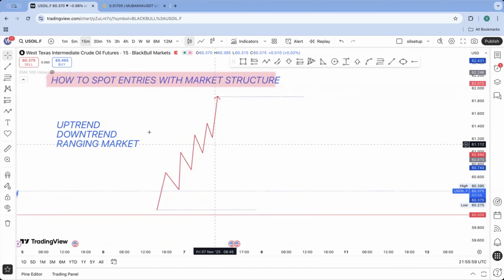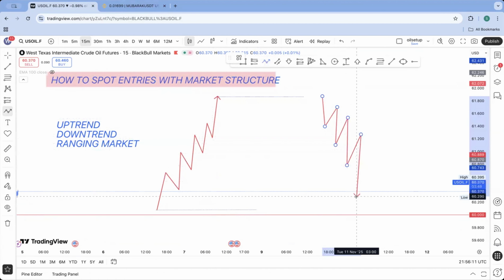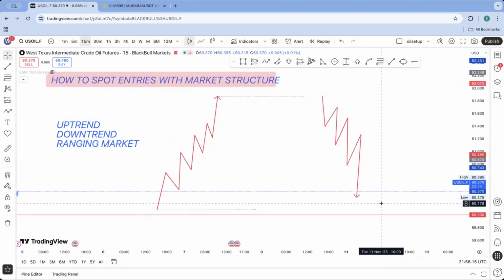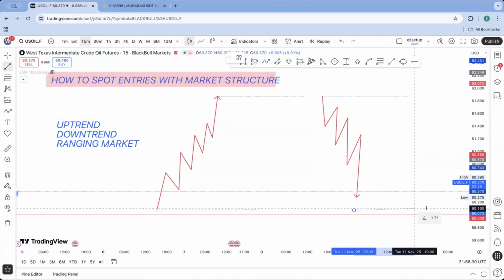So let's look at the second one, which is downtrend. Where we have markets giving us lower low, lower high, lower lows. So as you can clearly see, market is trending to the downside. So let's say price started at $10, and all of a sudden it started dropping to, let's say, $1.